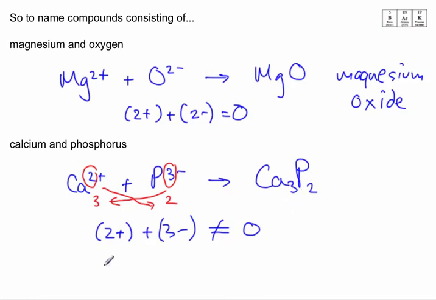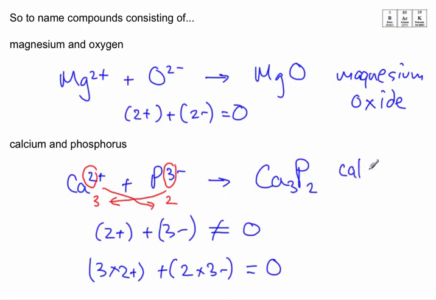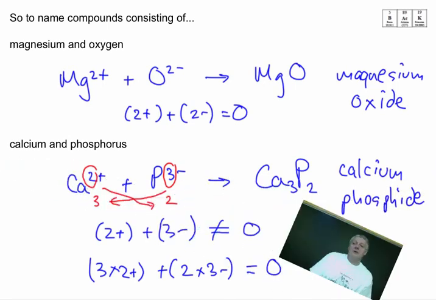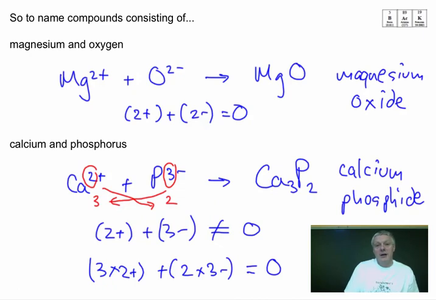So 3 times 2+ is what we're looking at there, and we're going to add that to 2 times 3-, and that does in fact equal 0. 6+ plus 6- equals 0. So this formula, Ca3P2, obeys the zero-sum rule, and that is the formula for calcium phosphide. And so that is how you deal with naming simple binary ionic compounds.